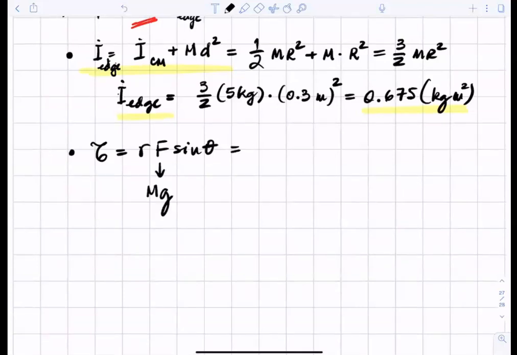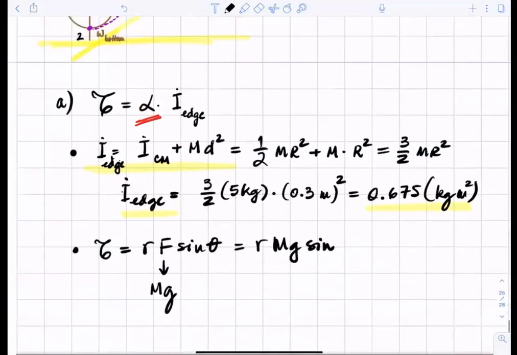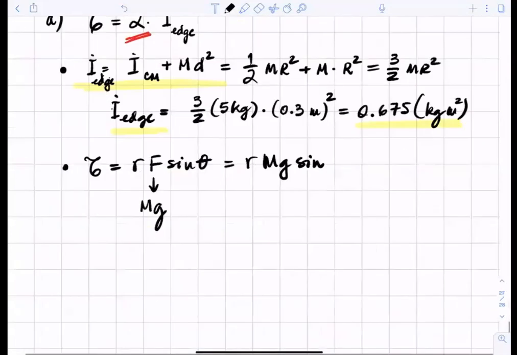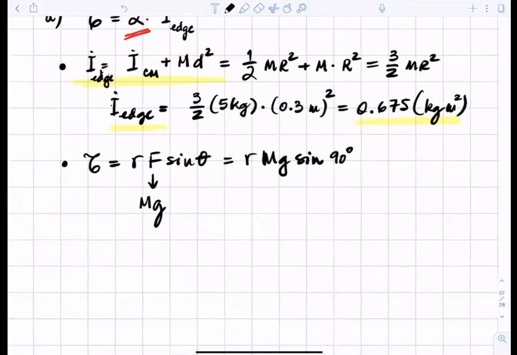All right, so we have R mg sine of, remember what I said, this is your 90 degrees move, moving down by 90 degrees. Okay, so our radius right here, 0.3.